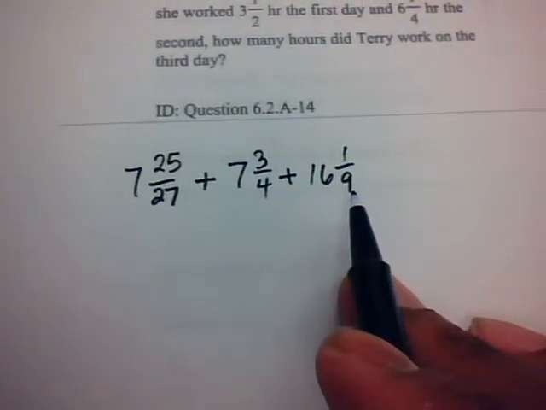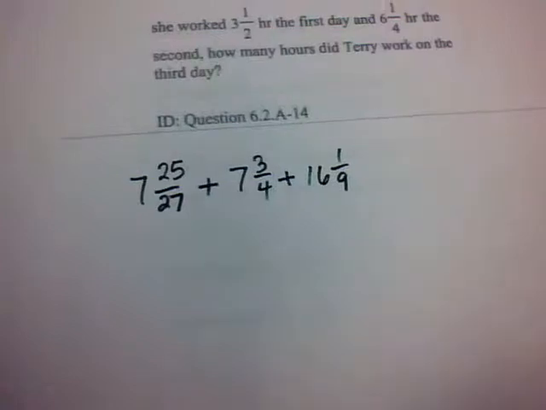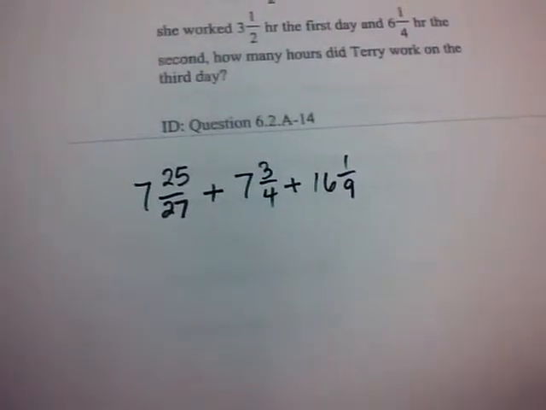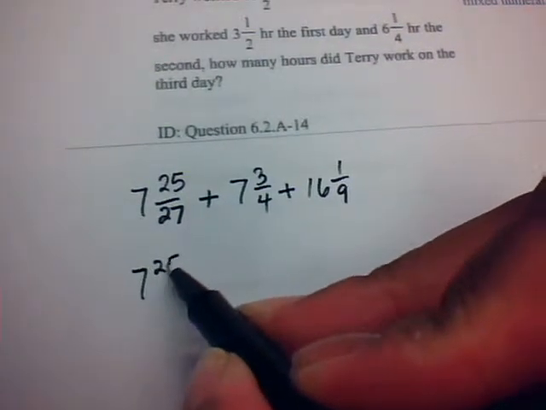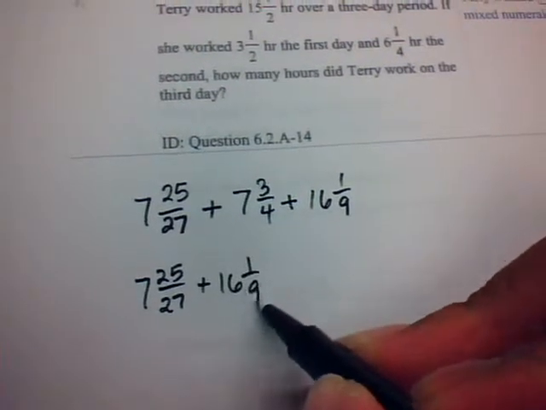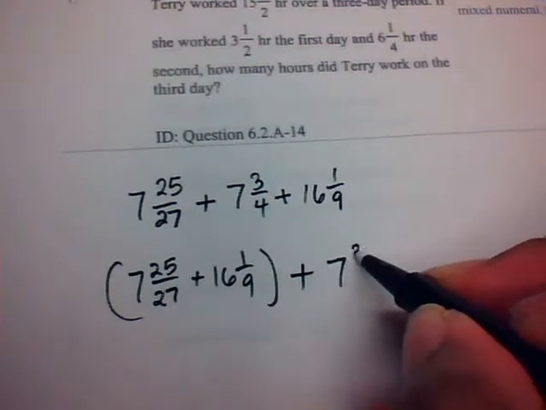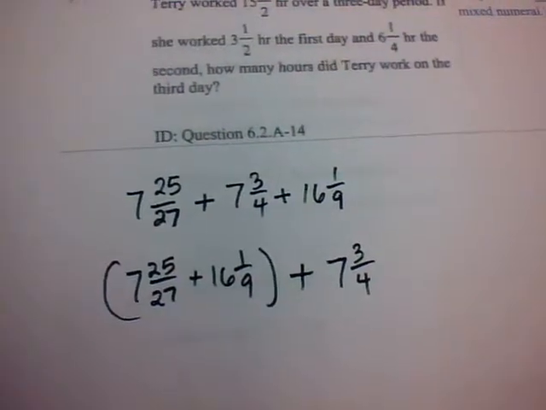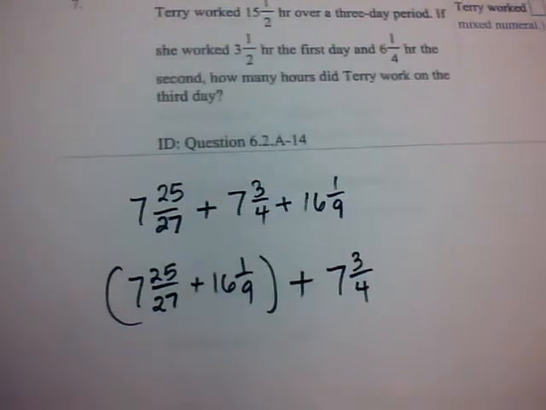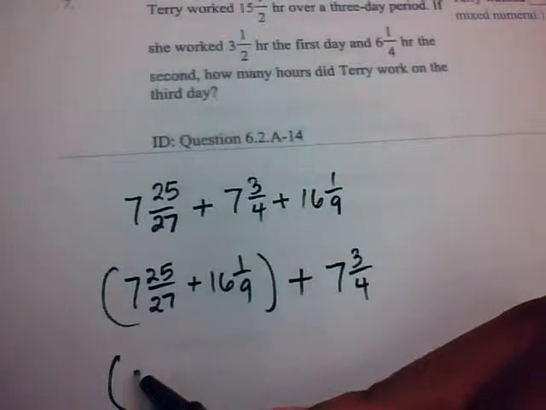Okay, now this is going to be kind of hard here because I'm going to group the 7 and 25/27 and the 16 and 1/9 yards, because I know the common denominator for 9 and 27 is 27.